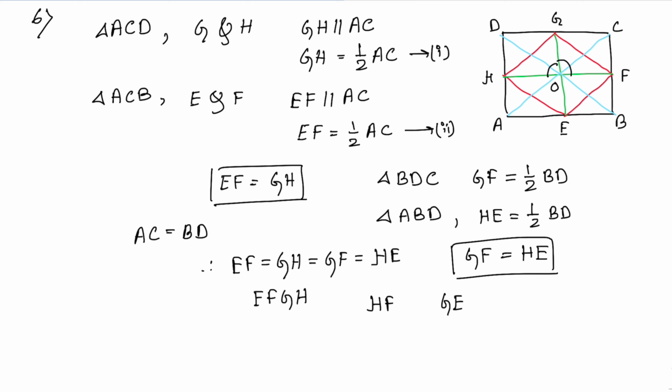Okay, so HF is definitely equal to DC or AB and GE is definitely equal to BC and AD. And as ABCD is a square, that means all sides are equal. So you can write down HF equal to GE. As two diagonals are equal, then you can write down EFGH is a square, and it's proved.